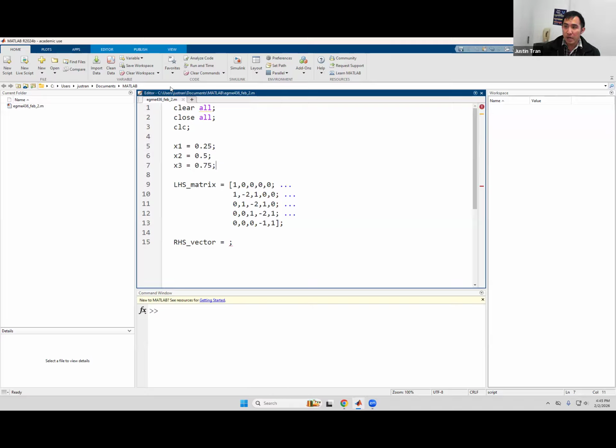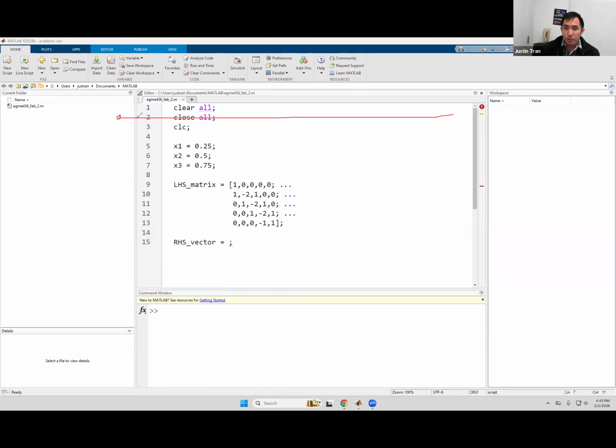And remember, this comes from the fact that if we draw our domain here, we had a 5-node domain. So 0, 1, 2, 3, 4. Remember, we assume that our nodes are all equally spaced, so there's no bias in our domain. That means the value of x at node 0 is 0, and we know that our domain goes from 0 to 1, so x4 has to be 1.